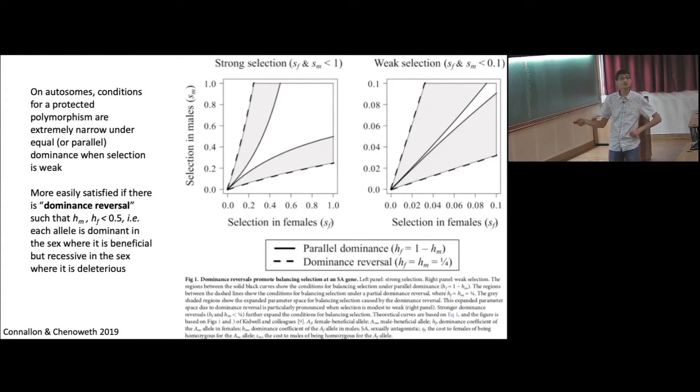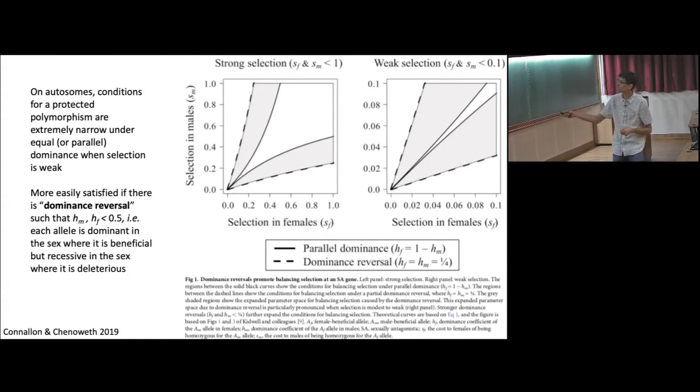It's specifically that the allele that is good in males is largely dominant in males, but the other allele, the allele that's good in females, is largely dominant in females. Or said the other way, the allele that's bad in a sex is partially recessive.